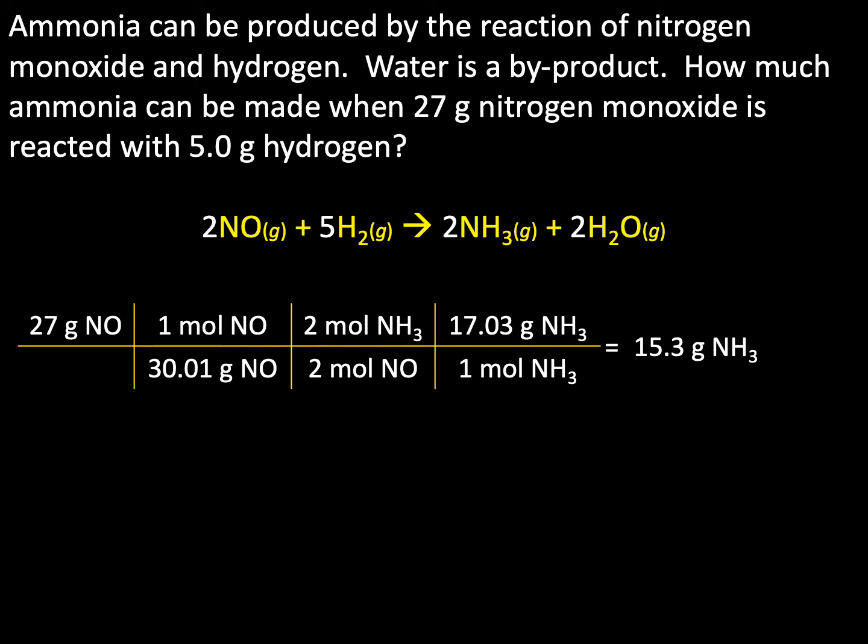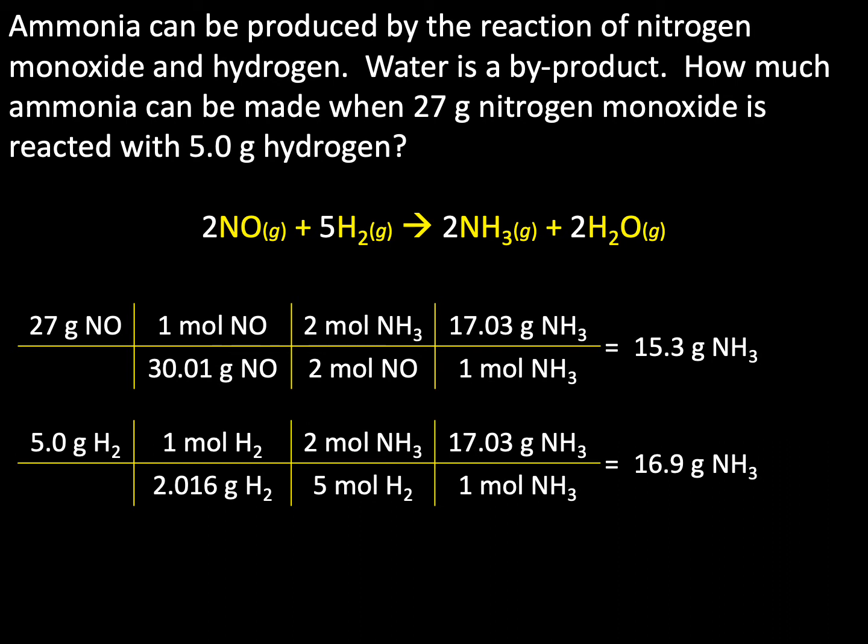So we do the same calculation, but starting from the 5 grams of hydrogen. So take a minute, pause the video, and figure out how much ammonia could be made starting from 5 grams of hydrogen. And when you're done, unpause the video and see if you got the same answer. Did you get 16.9 grams ammonia?